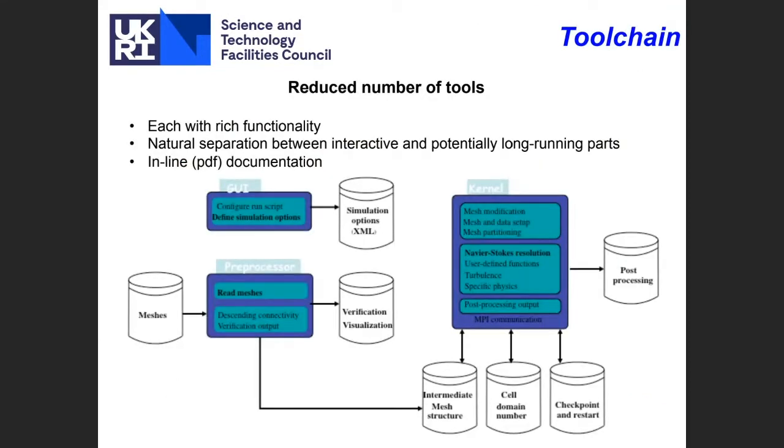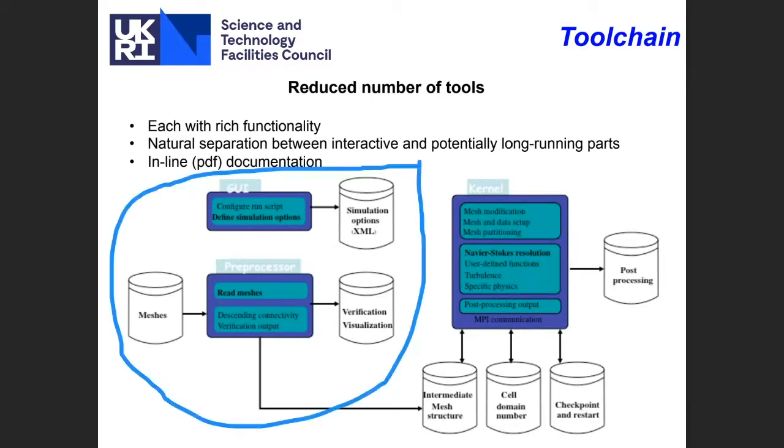So here is the tool chain. I'm going to try to draw something here on the slide. What I just want to say here is that this bit is all serial in the code. Basically the GUI and the pre-processing stage are serial. You could see that one of the log files was called preprocessor.log.